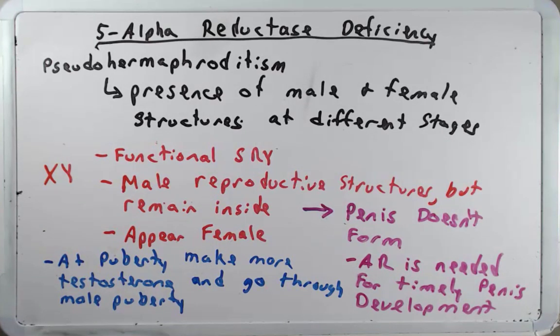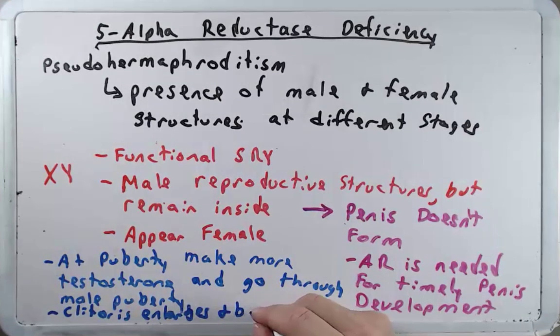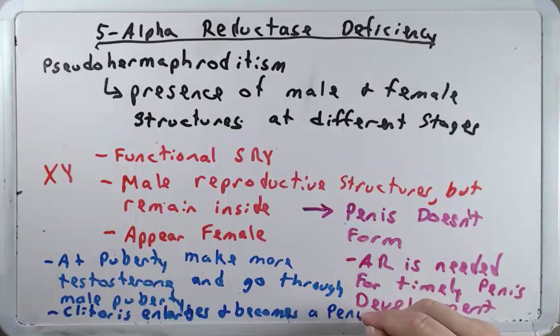They don't develop breasts, they don't begin to menstruate, and what they thought was their clitoris enlarges and becomes a penis. So this is a very fascinating syndrome. Even more interesting is that these individuals will begin to produce sperm and are fertile and can have children.